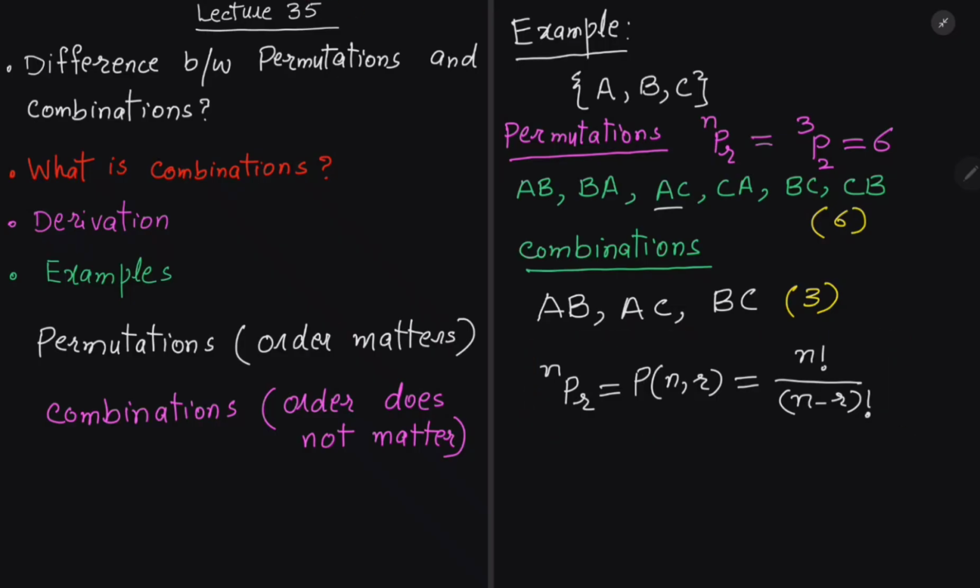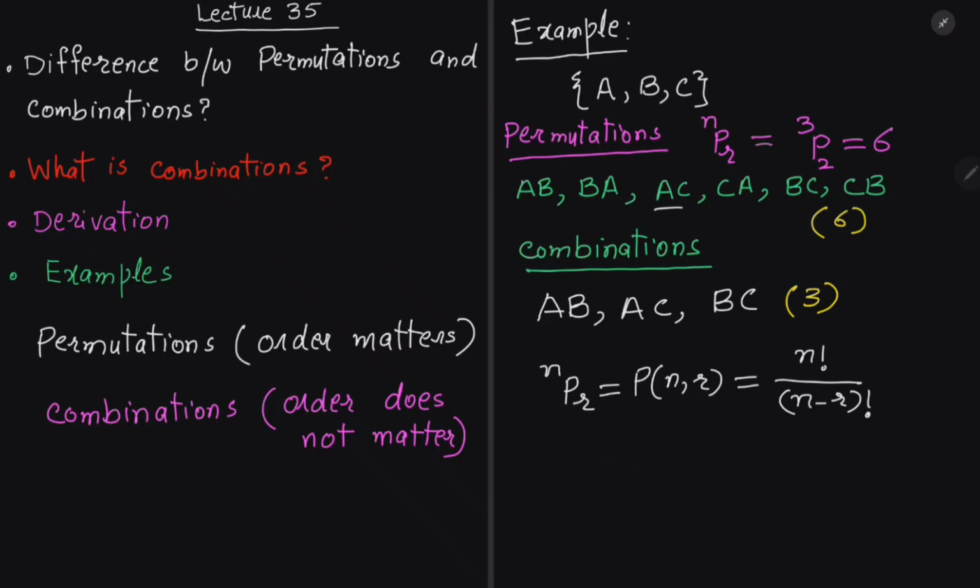We know that if we have r is equal to 2, then it means that we can have 2 factorial arrangements.